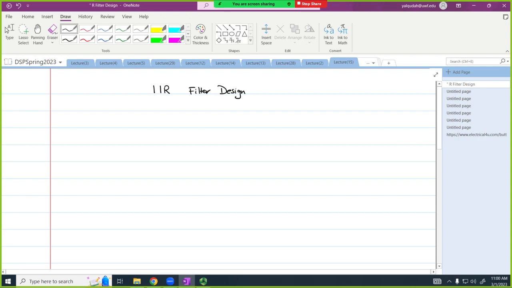And the second method, we're going to design a continuous time filter, and then we're going to transfer it to a discrete time filter. And the third method is using a direct design using a minimization technique in order to achieve any frequency response that we desire.